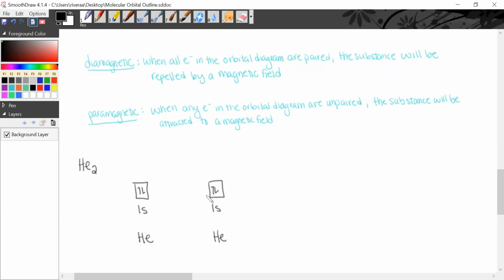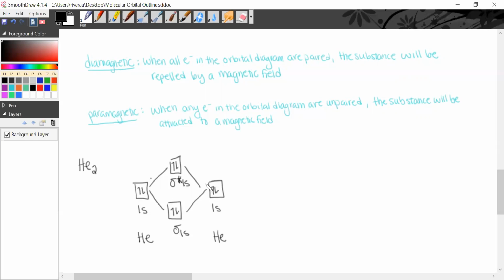If we combine a 1s with a 1s, we can get the constructive combination, sigma 1s. We can also get the destructive combination, sigma antibonding 1s. So now we've got 4 electrons to fill up our diagram with. 1, 2, 3, 4.